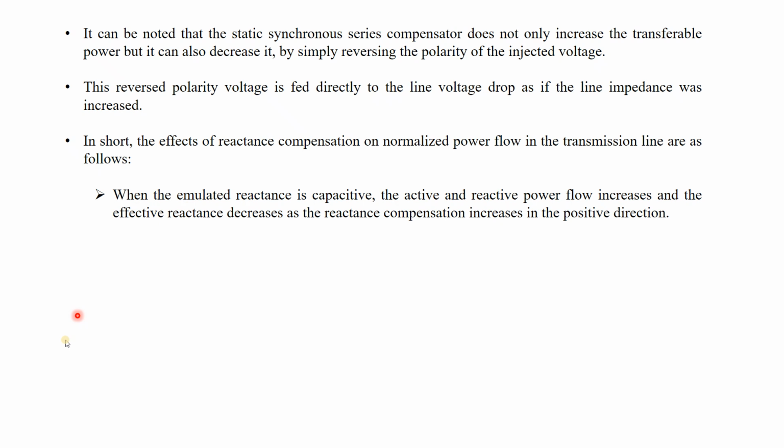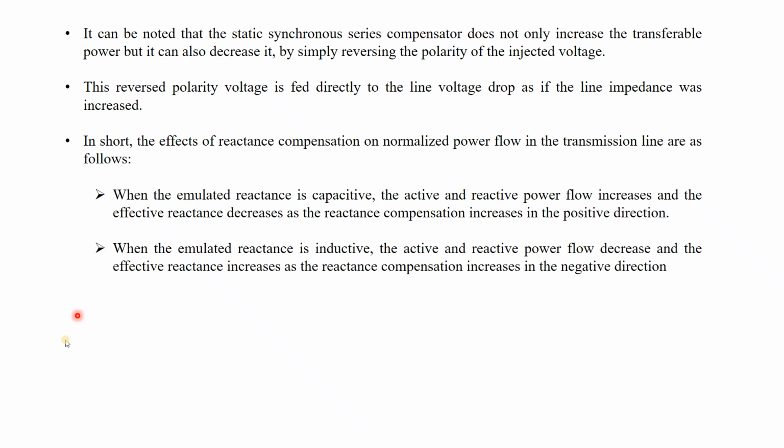When the emulated reactance is capacitive, the active and reactive power flow increases and the effective reactance decreases as the reactance compensation increases in the positive direction. That means when the reactance in the system is capacitive, the active and reactive power flow increases because it acts as a voltage supply, a power supply.